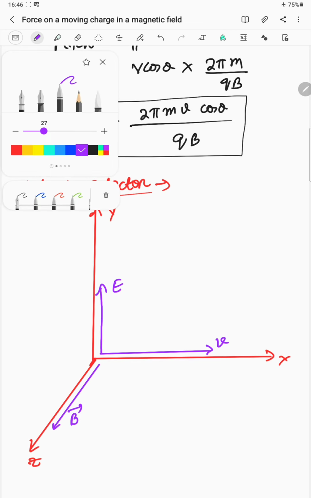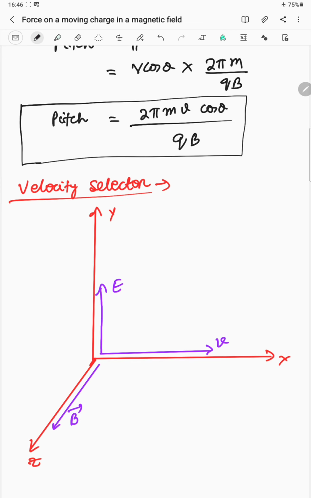So let us try to find out the direction of the electric force. Your electric force will be along the direction of the electric field, that means in this direction. Is it clear? This will be the direction of your electric force. Then what about the direction of the magnetic force? It will be opposite to this. It will be in this direction. That will be FB.